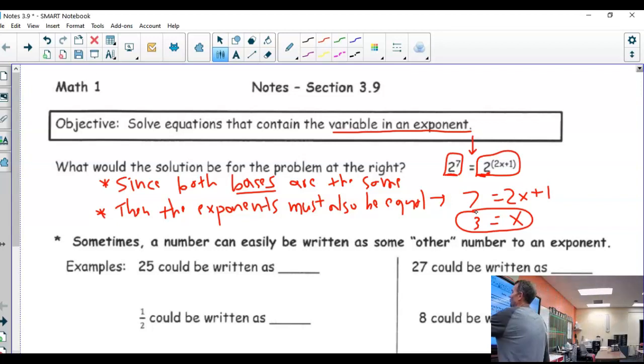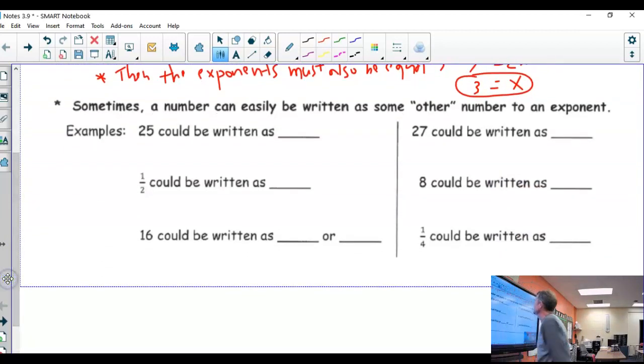And let me show you one more skill that will make this somewhat easy if you master this skill. So sometimes a number can easily be written as some other number to an exponent, all right? This is actually fairly easy, maybe, especially if you understand exponents pretty well. Maybe I'll do one and then you could pause the video and see if you could do the others. So 25.